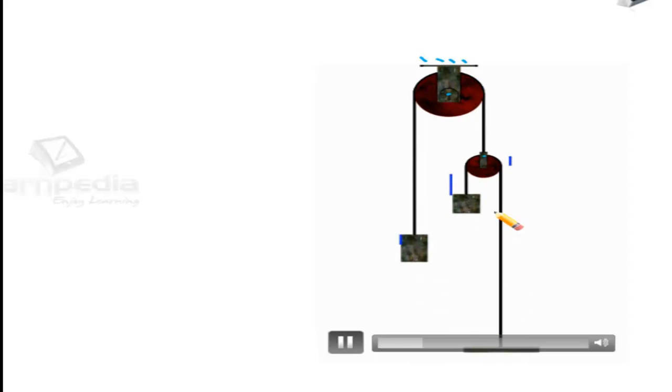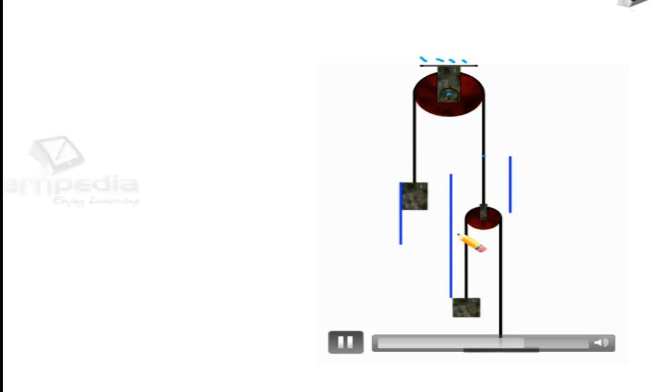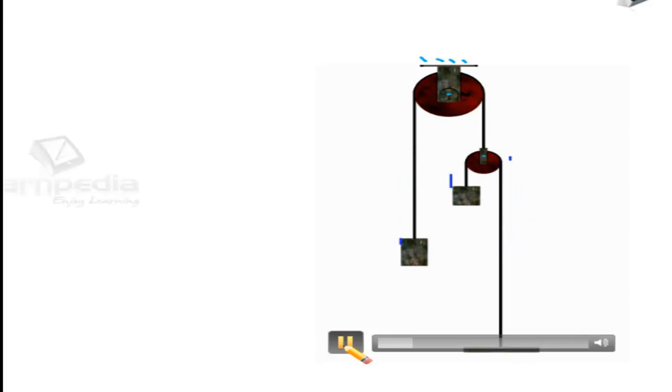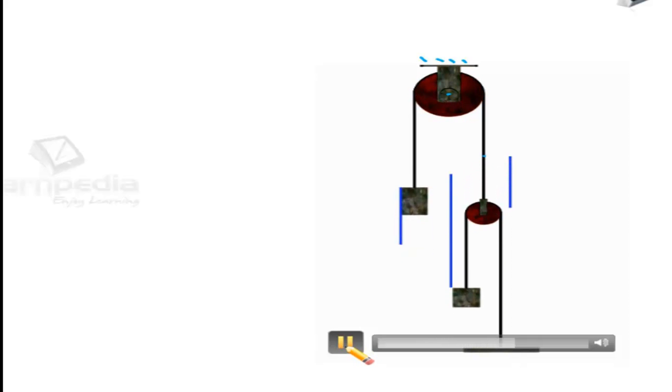Fine. So this mass M1 is coming down, M2 is moving up. Just look at how much distance these two bodies travel. See the distance traveled by this mass. If you take a scale and measure, suppose it is X for this mass.